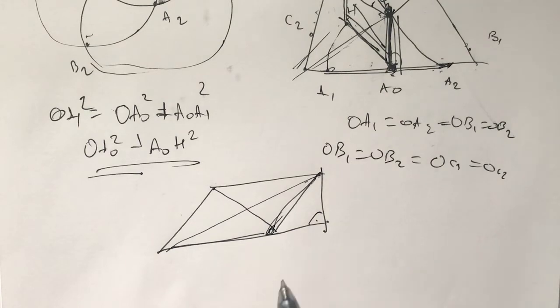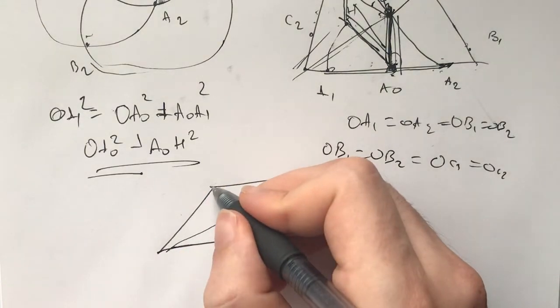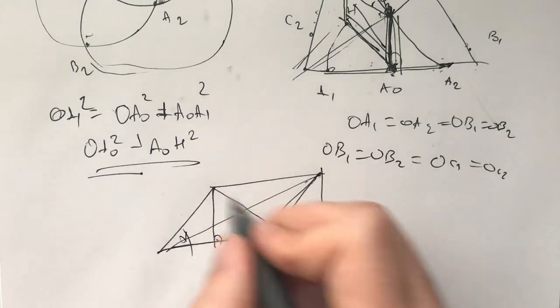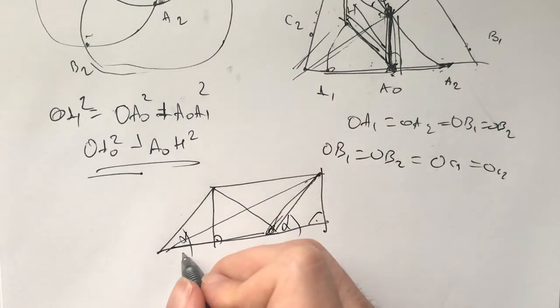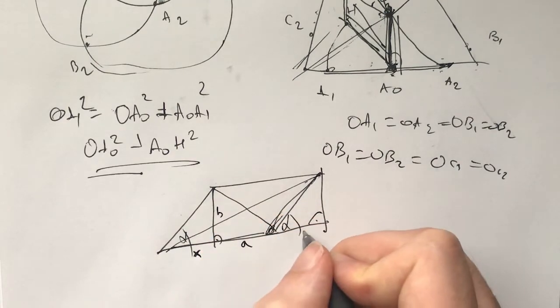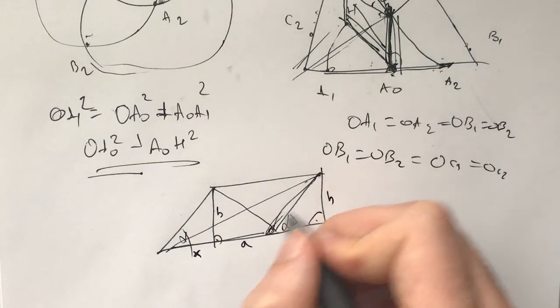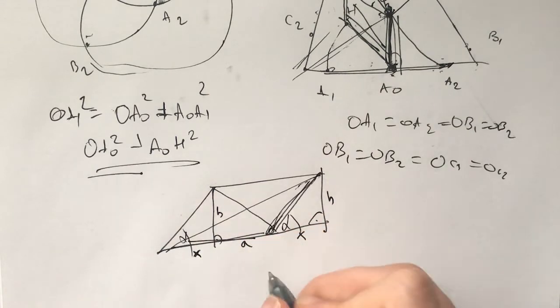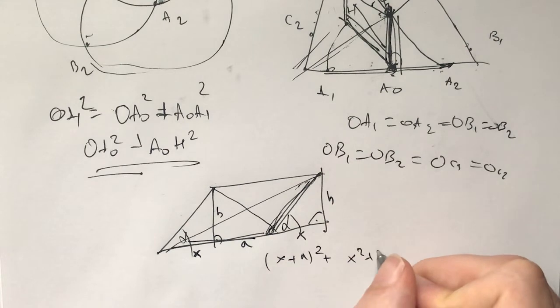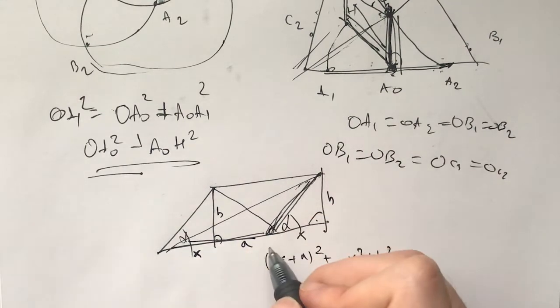And we can show this quite quickly. The way we show it is by putting down this. Now I know this is alpha, so these are congruent because this is equal to this. Now call this x, call this h, call this a, call this x, h. You have the sum of these 2 sides is going to be x plus a squared plus x squared plus h squared, the sum of these 2 squares.